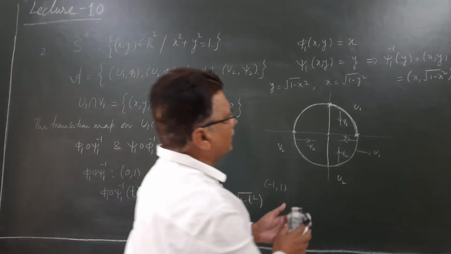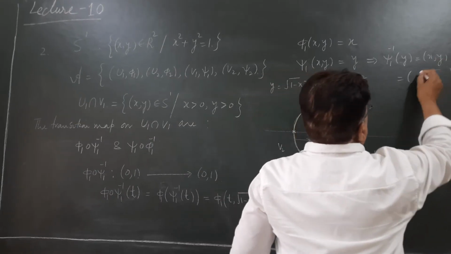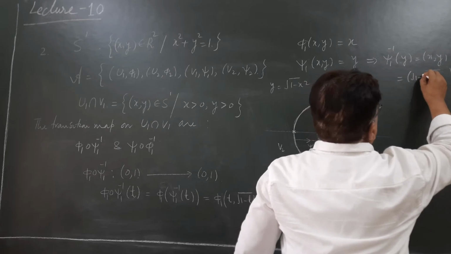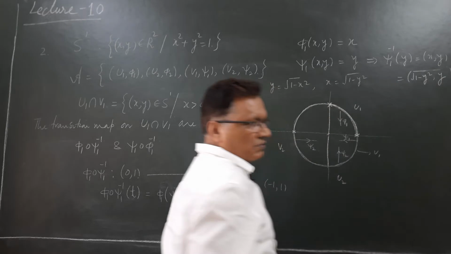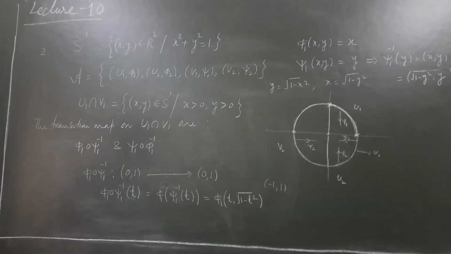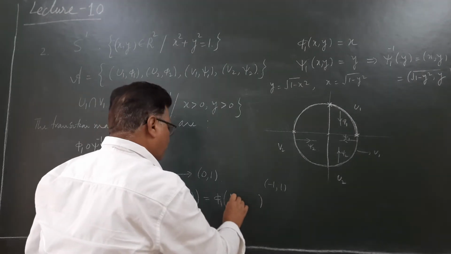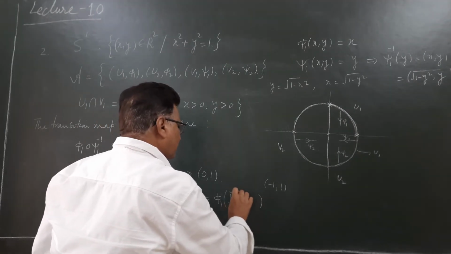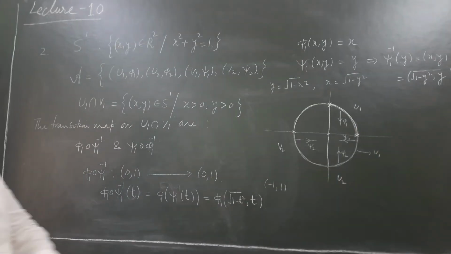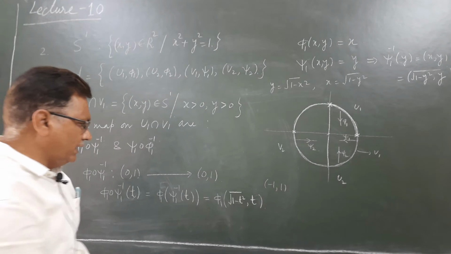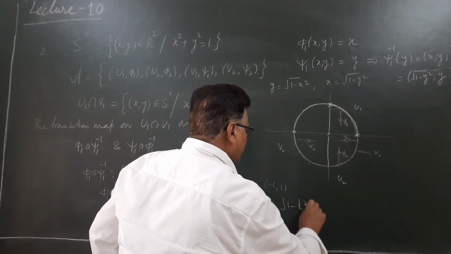Since we are writing in terms of y, you should write it as (under root 1 minus y square, y). So change this too. So this will be (under root 1 minus t square, t). Now what phi 1 does is send it onto the x coordinate, so it will be under root 1 minus t square.